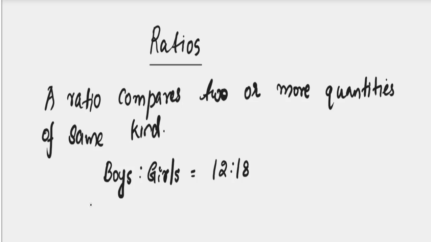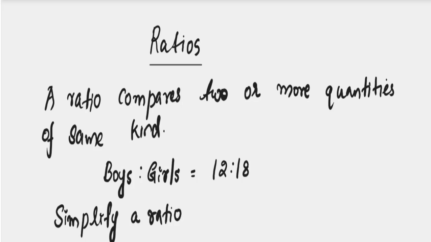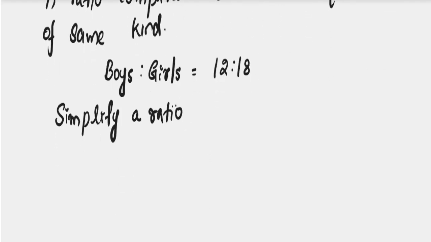By dividing both sides by the highest common factor. First, we'll see how we simplify a ratio. In order to simplify a ratio, we have to divide both sides by the highest common factor.